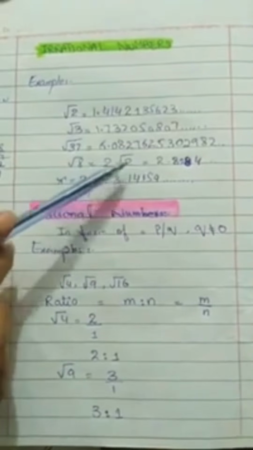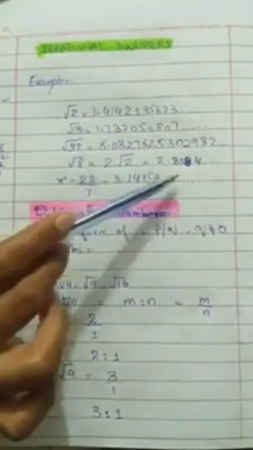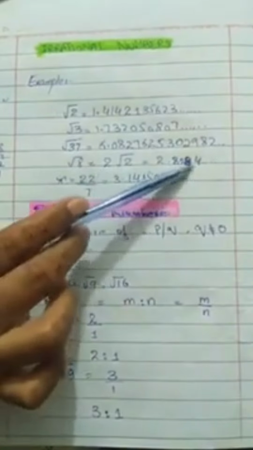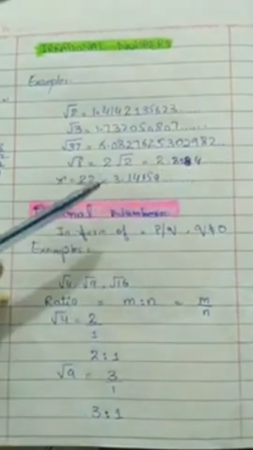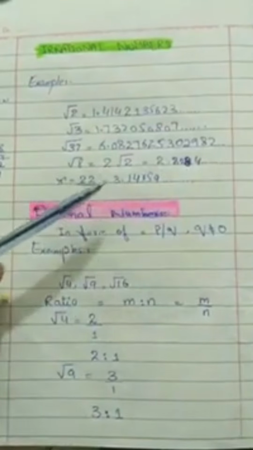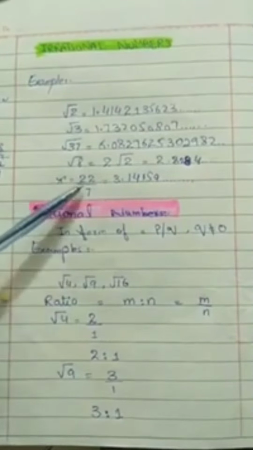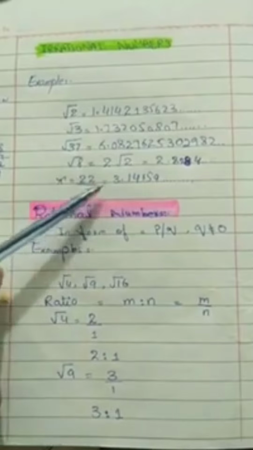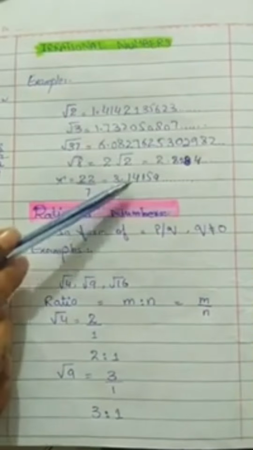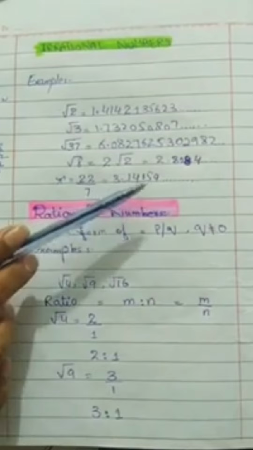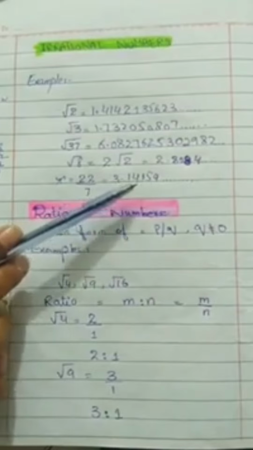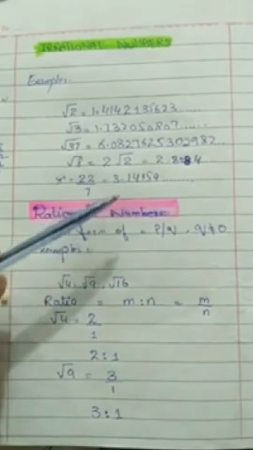We take under root 2 and multiply it by 2. The value is 2.828 and so on. It is also an infinite value and not written in the form p by q. Pi is equal to 22 by 7. 22 by 7 is 3.14 and so on. This is an infinite value and not written in the form p by q.